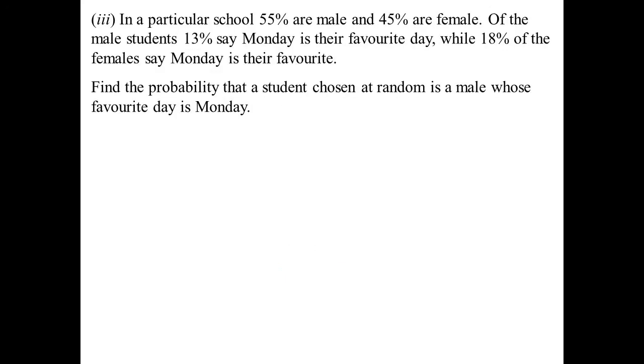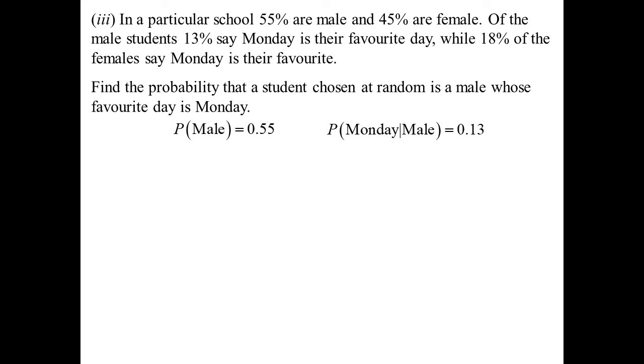In a particular school, 55% are male, 45% female. Of the male students, 13% say Monday is their favourite day, while 18% of the females say Monday is their favourite. Find the probability that a student chosen at random is a male whose favourite day is Monday. Well, we know the probability of male is 0.55. The probability they favour Monday, given that they are male, is 0.13, because they told us 13%.